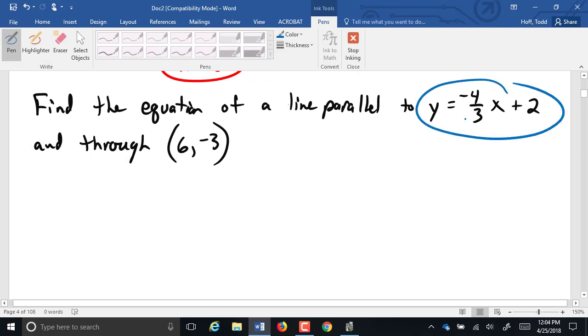Well, out of this original equation, we need the slope. That slope is a -4/3.